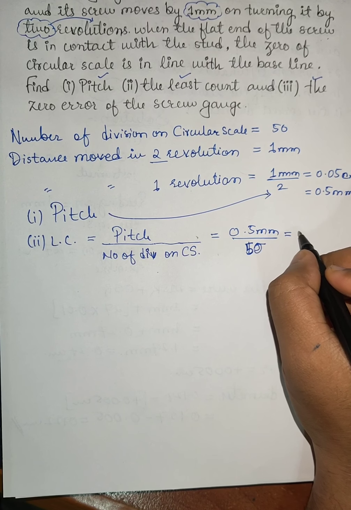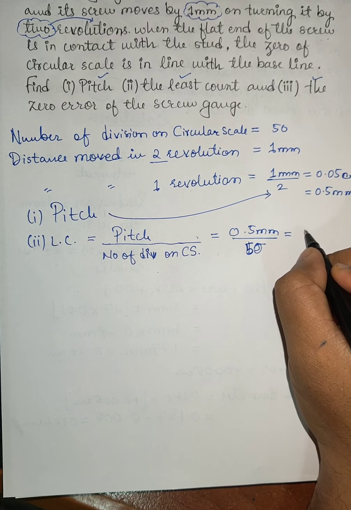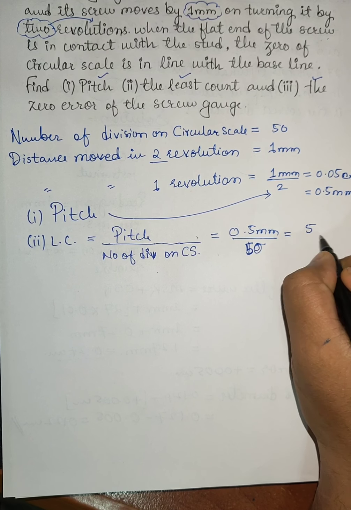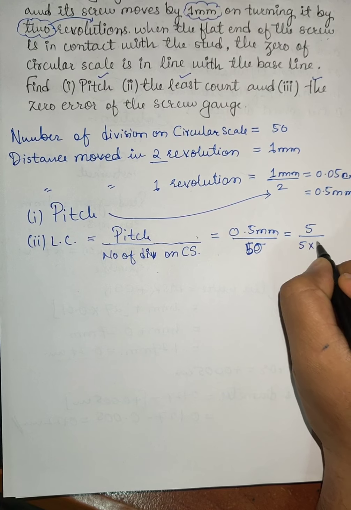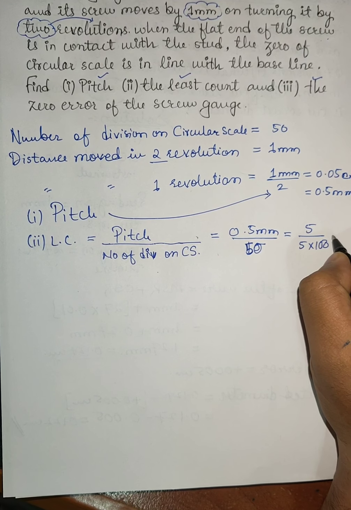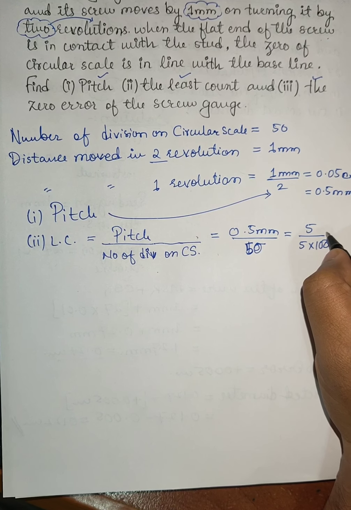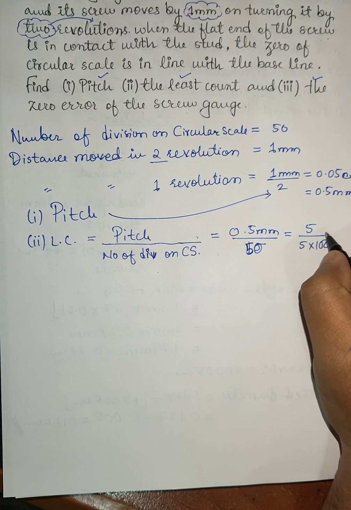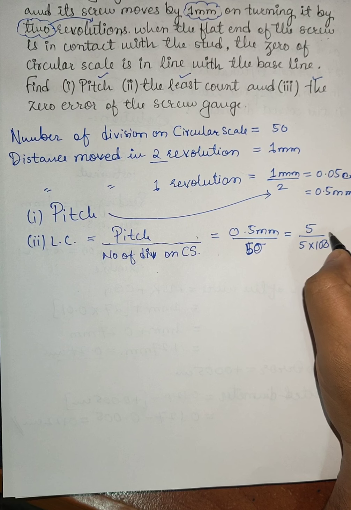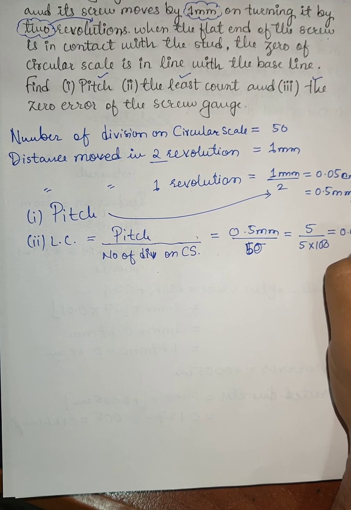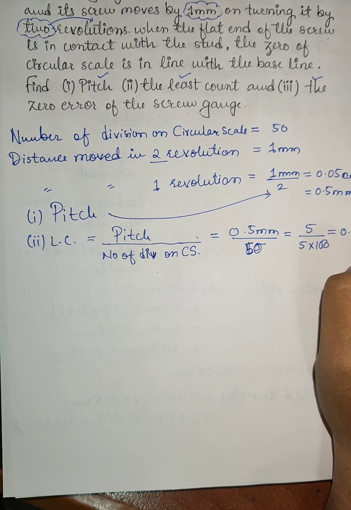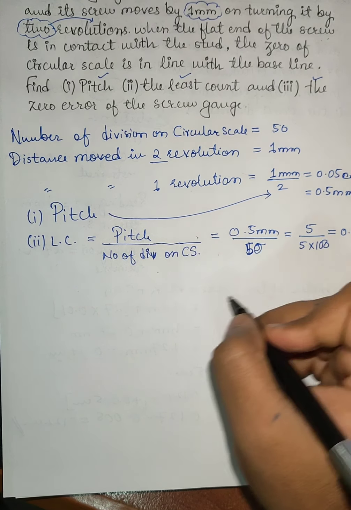So we can write this as 5 divided by 5 into 100, which is equal to 1 by 100, which is 0.01 millimeters. Okay, the second question is clear now.